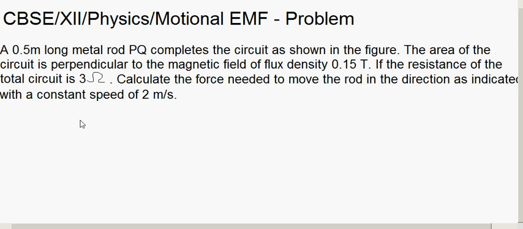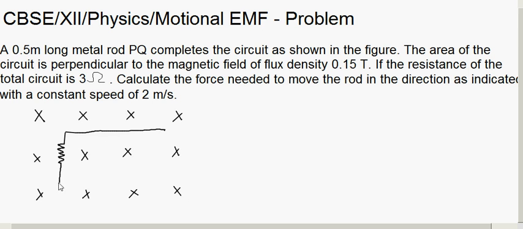Now the figure you take down first. I'll show the resistance as concentrated at this point, and then the rod PQ is given like this, and it is moved in this direction.